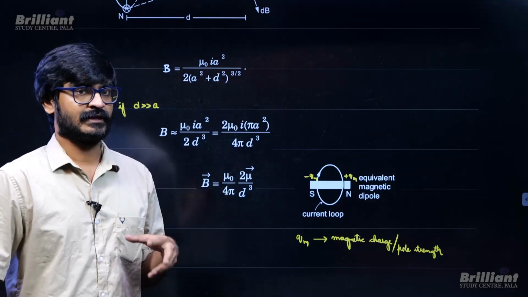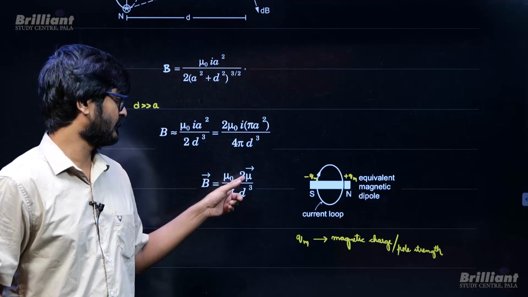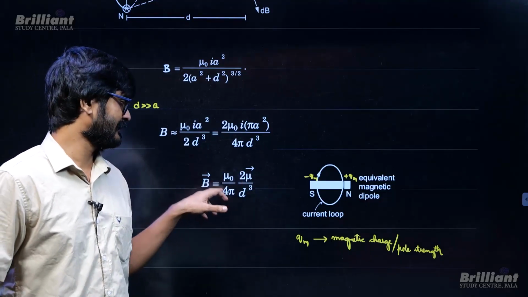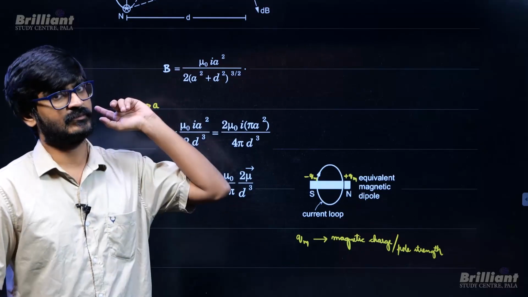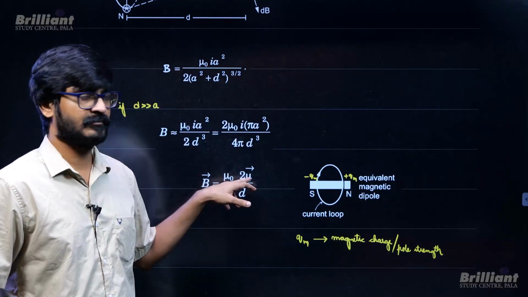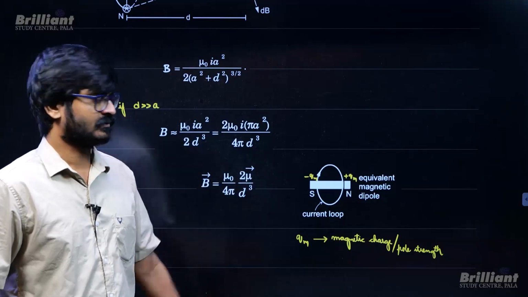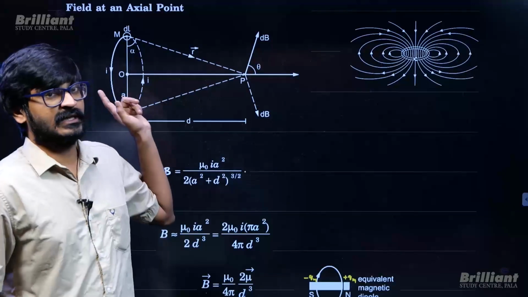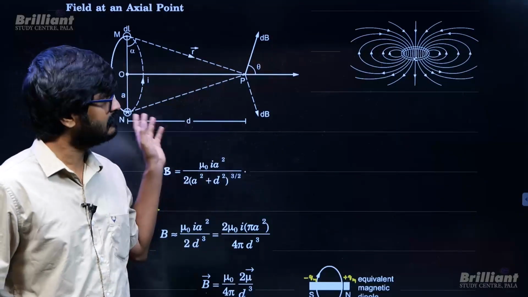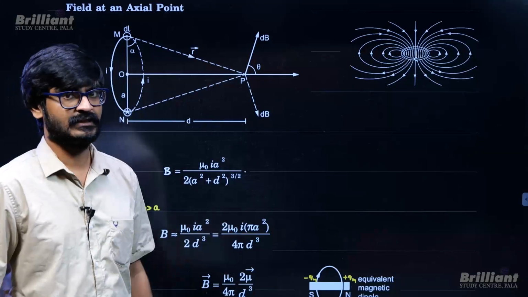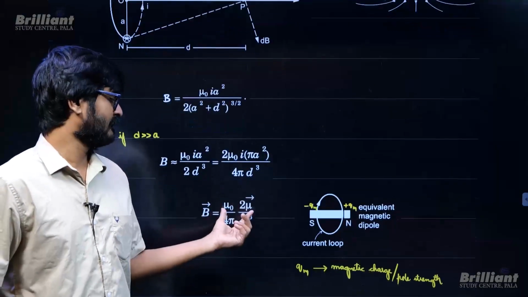The field due to a dipole in electrostatics on the axis is going to be 2 kp by r cube. So instead of k, it is mu naught by 4 pi, where k is 1 by 4 pi epsilon naught, and instead of p, m bar, right? So it's looking like that. So basically the field due to a current carrying ring at some far away point compared to the radius of the ring is going to look like the field due to a dipole.